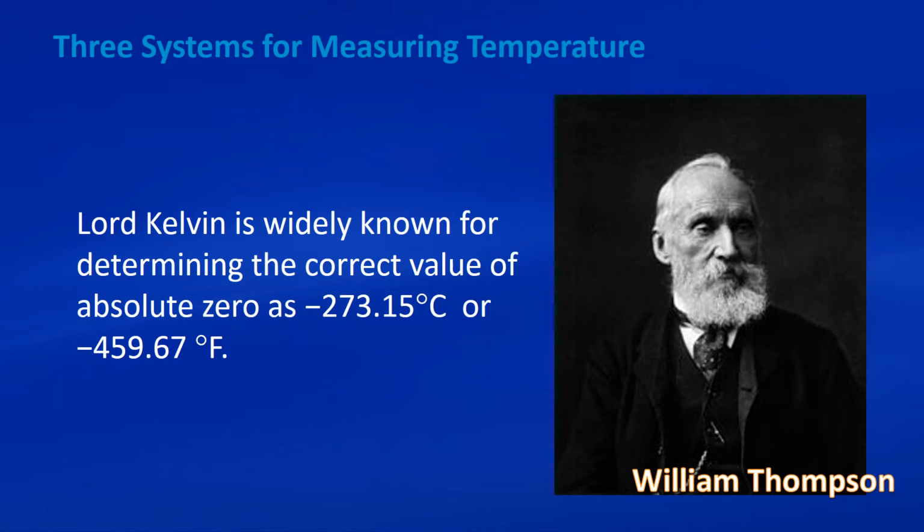And that is what we know as 0 Kelvin. That is theoretically the coldest possible temperature ever. And the nice part about the Kelvin system is we don't actually use negative numbers in it at all, since the coldest possible temperature is 0.